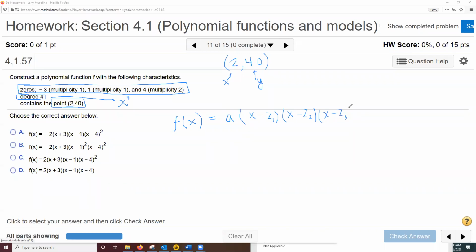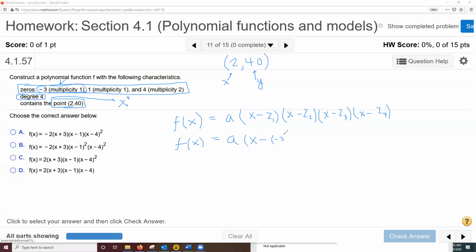All right, now I'm going to fill in these zeros. And of course, I have to keep in mind the multiplicities. Multiplicity, remember, is how many times that 0 should appear. All right, well, I have to leave a by itself because I don't know the leading coefficient yet. All right, let me go to the first 0. It's a -3 with a multiplicity of 1. All right, so I'm going to write this as x minus a -3.